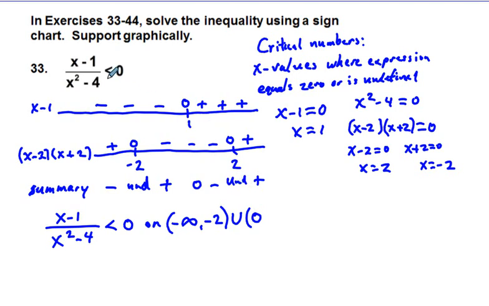It so turns out if this were less than or equal to, we would have made this a bracket, and then 0 to 2. And so this is going to be our answer to problem 33.